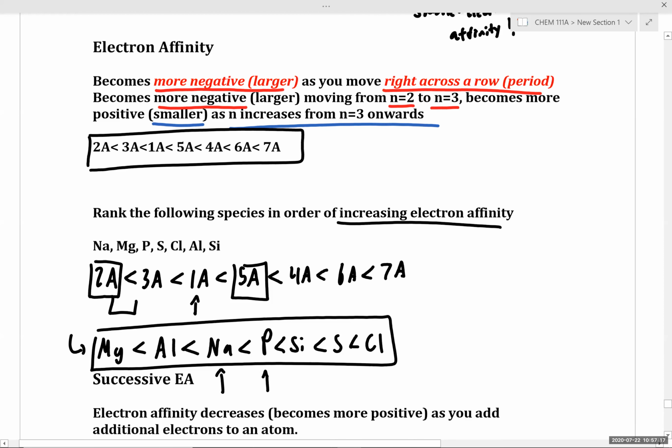In that case, magnesium and phosphorus have characteristically small electron affinities as a result of having to either pair electrons or place electrons in high energy p orbitals. As a result, our ordering is modified to account for these exceptions. Does that make sense?